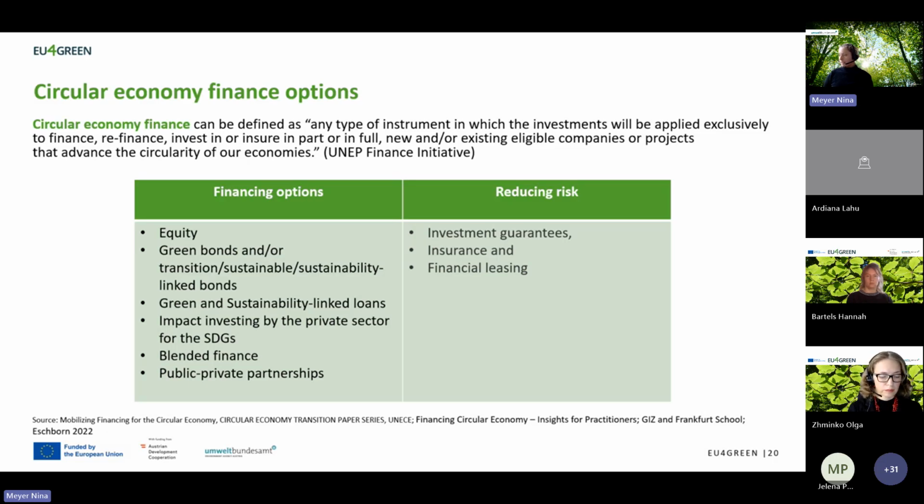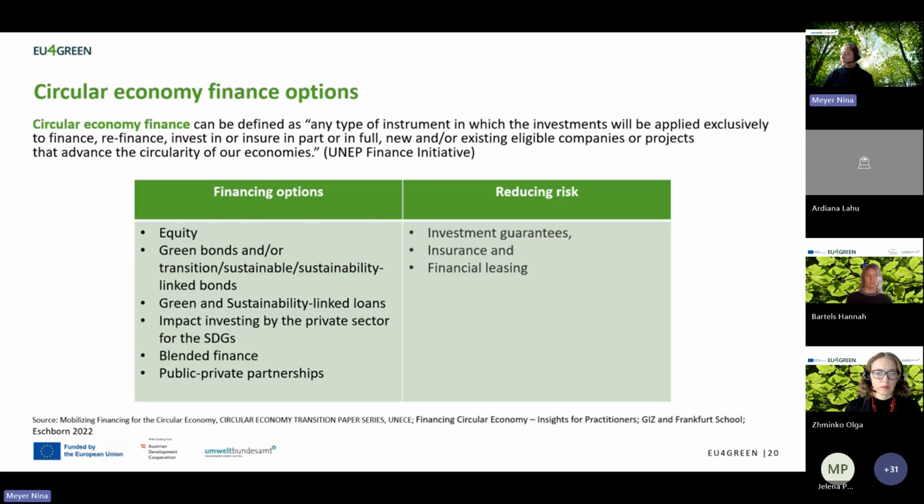And then we have financial leasing, which is a type of long-term financing arrangement between the lessor and the lessee. The lessor purchases an asset and allows the other party, the lessee, to use it in exchange for regular payments, which transfers the risks, but also the rewards of ownership.